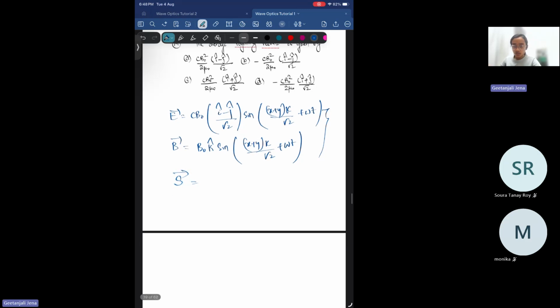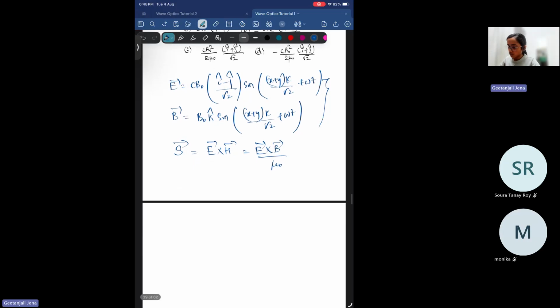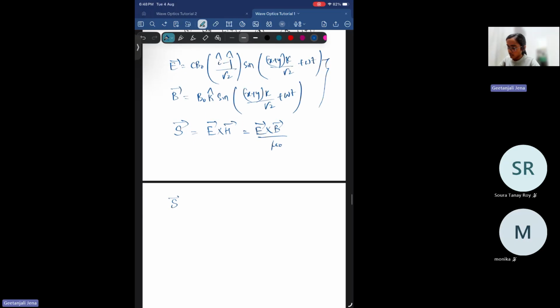Let me just quickly go through it. S is E cross H, or E cross B by mu naught. We are taking the cross product. So S would be C B0 square, and the cross product will be between the unit vectors (i minus j by root 2) cross k, times sine square of whatever the term is here.